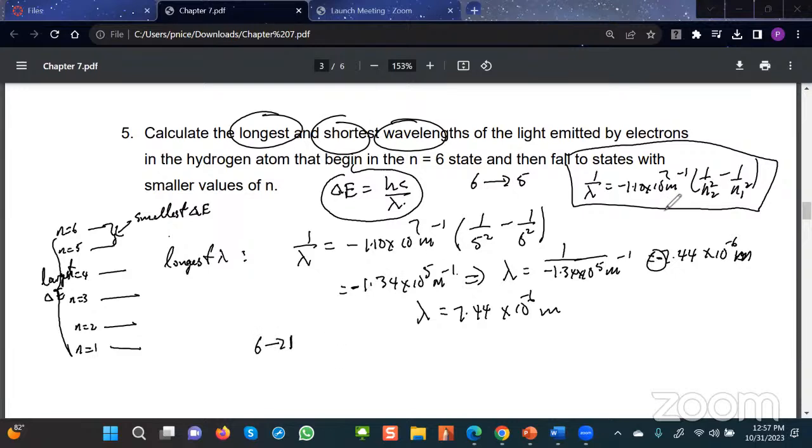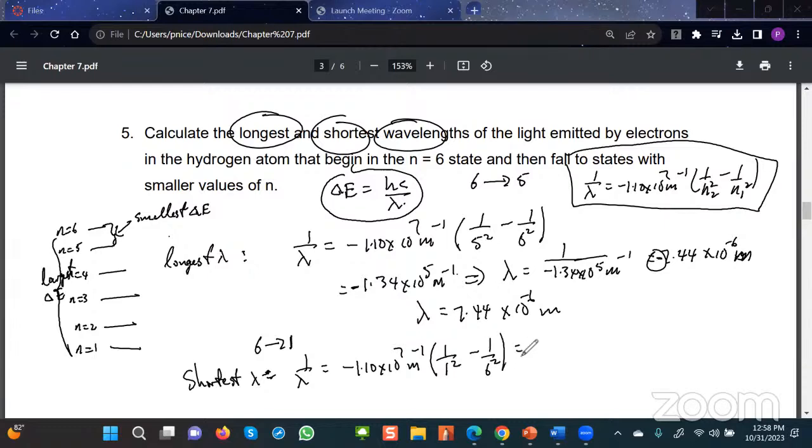We're going to use the same equation here to calculate the shortest wavelength. 1 over lambda would be equal to minus 1.10 times 10 to the 7 meters to the minus 1 times 1 over the final n value, which is 1 squared, minus the initial n value, which is 6 squared.